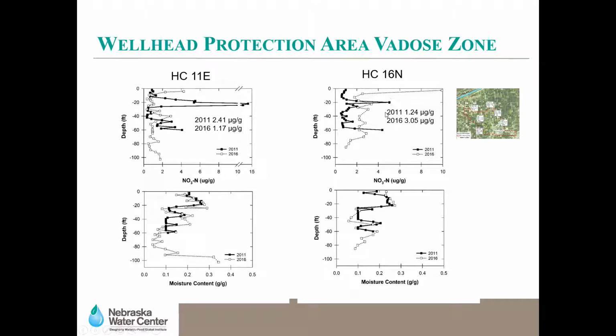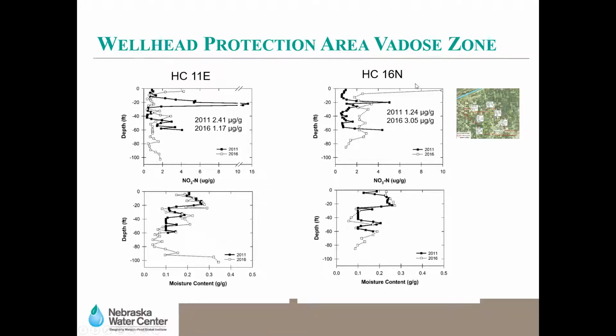If we go over and look at the other core, HC16N, we see that we have an increase in nitrate from about 1.2 to a little over 3 parts per million, micrograms per gram. And we can look at the whole profile and we see that there's at least two to 3 times as much nitrate, pretty much the whole soil profile.